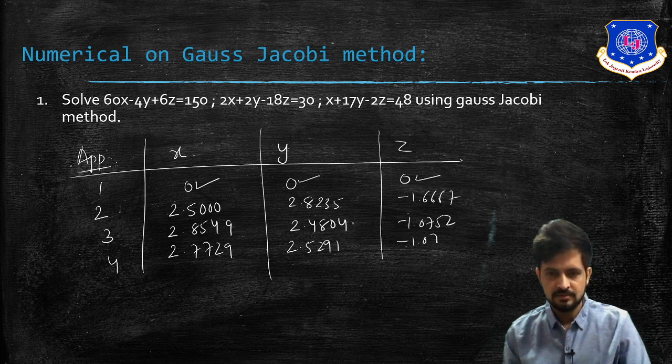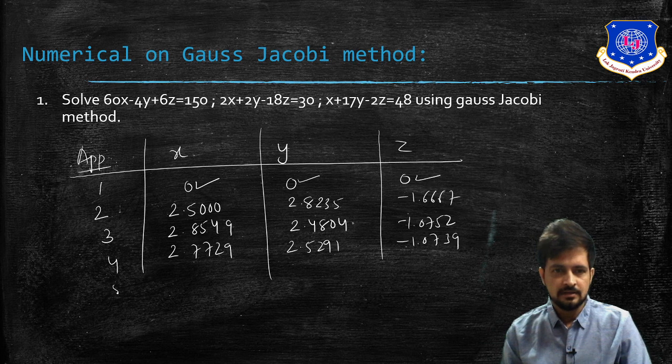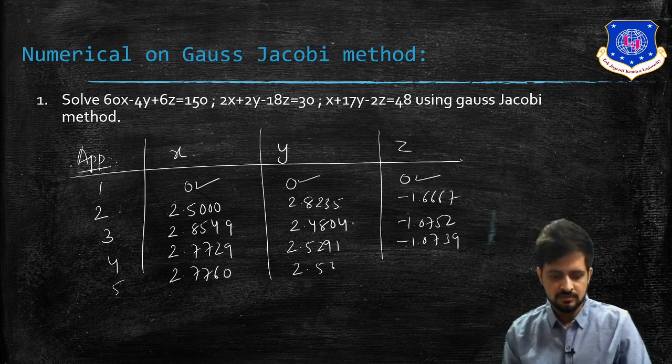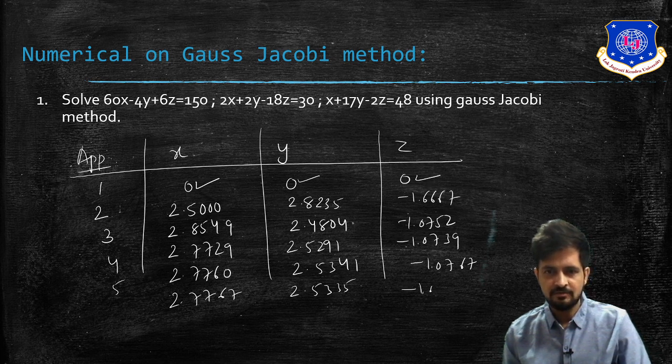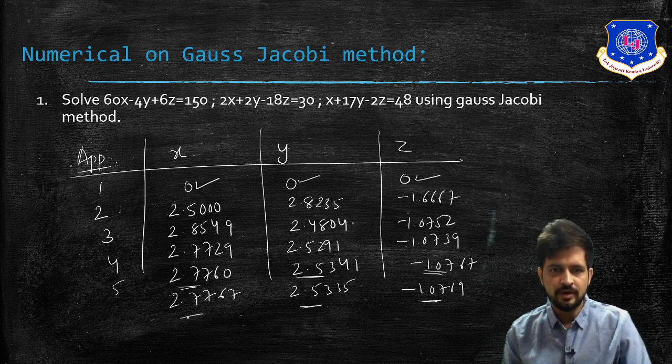Okay, 2.7760, 2.5341, minus 1.0767. Okay, then 2.7767, 2.5335 and minus 1.0769. See, here you can see two digits have been the same after the decimal point.